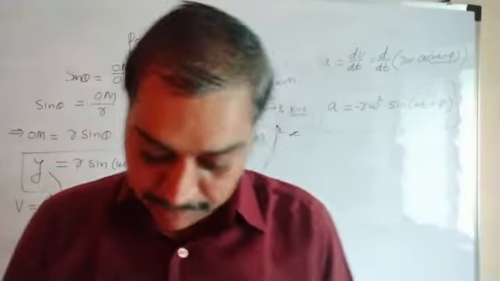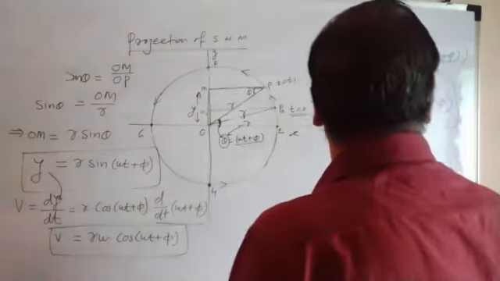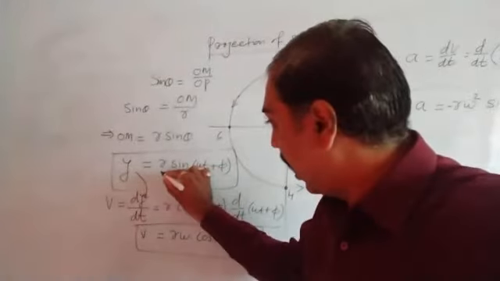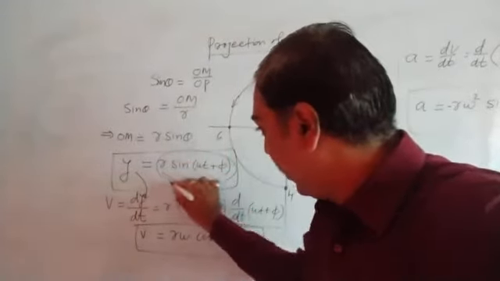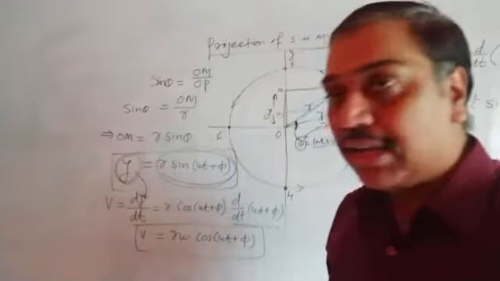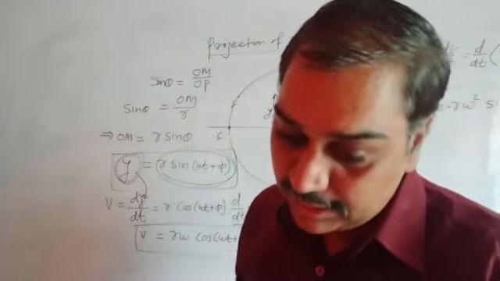Now the question comes here. Sine of omega t plus phi is here. If you remember, as we derived initially, r sine of omega t plus phi, it is what? It is nothing but simply the y.